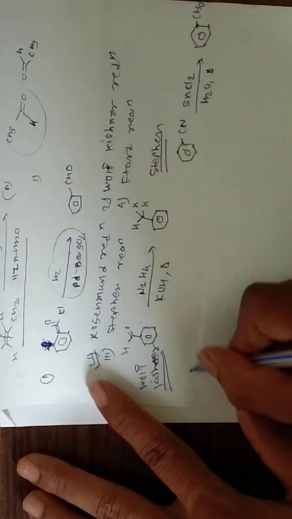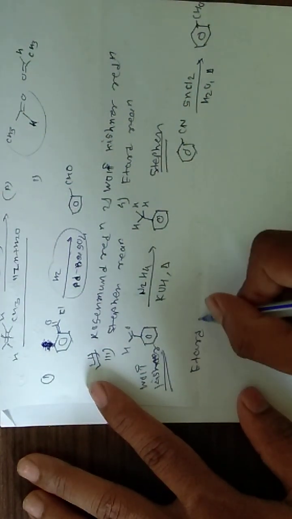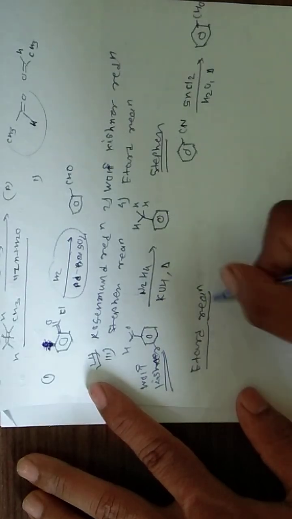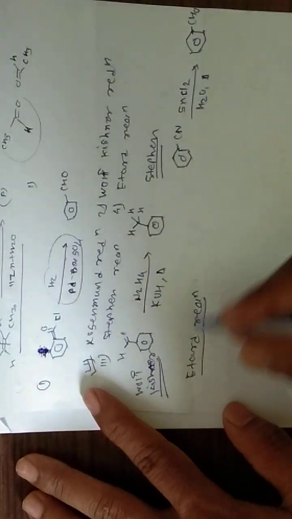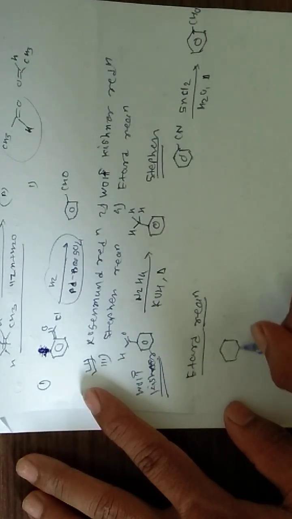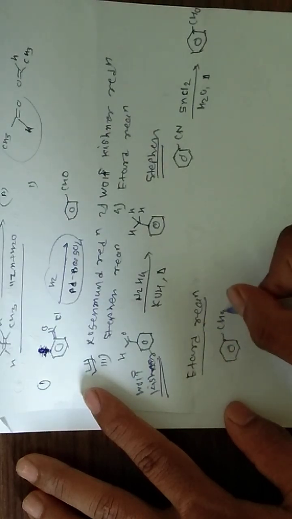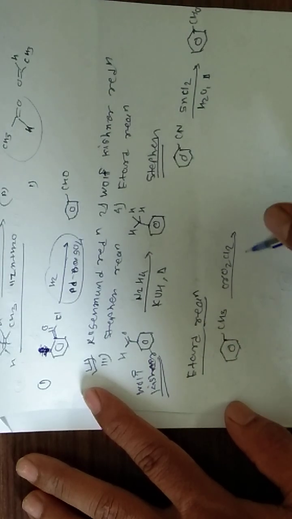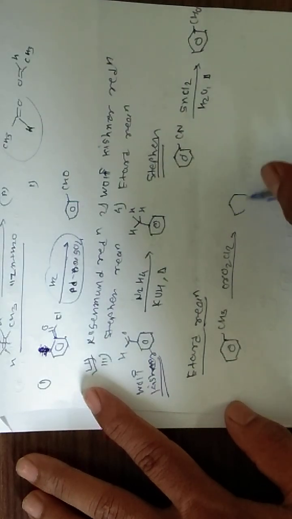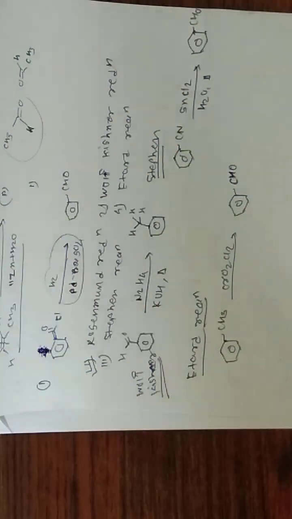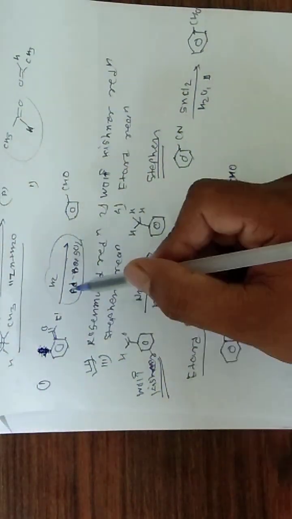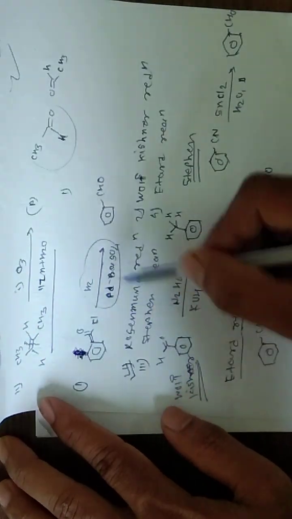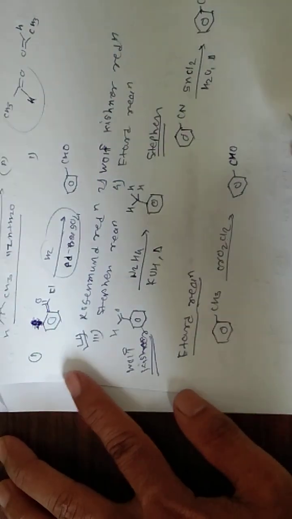And what about Etard reaction? Toluene in presence of CrO2Cl2 is converted into benzaldehyde. So these are the four name reactions. Among these, in the question, the reaction given is the Rosenmund reaction.